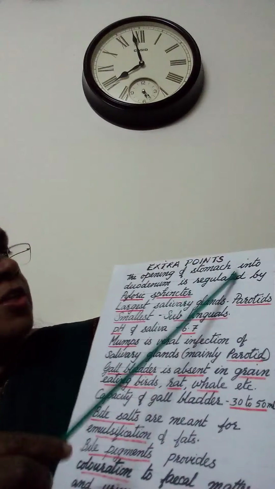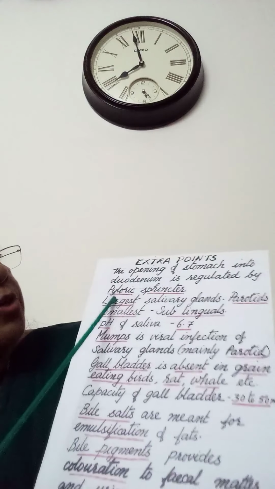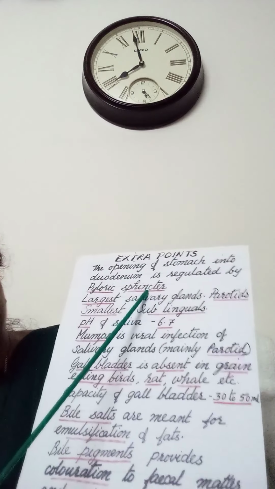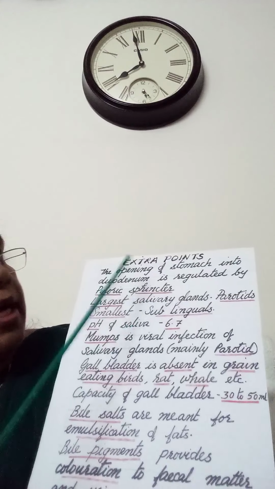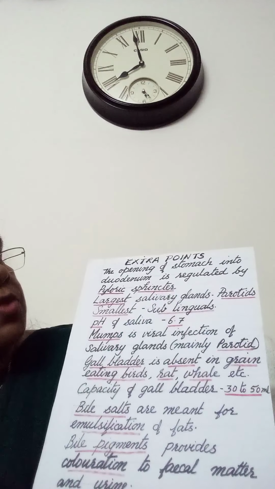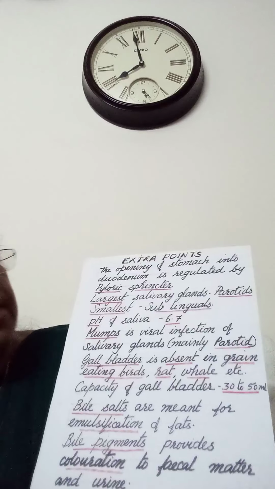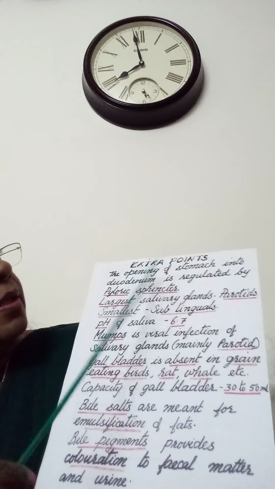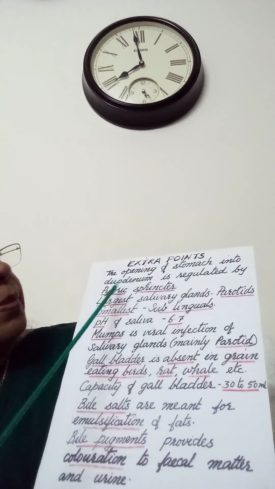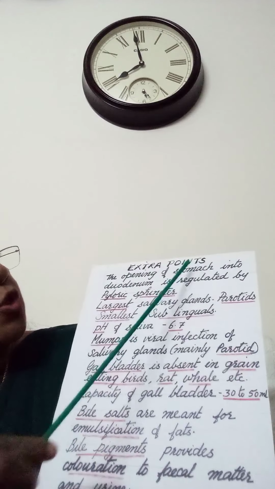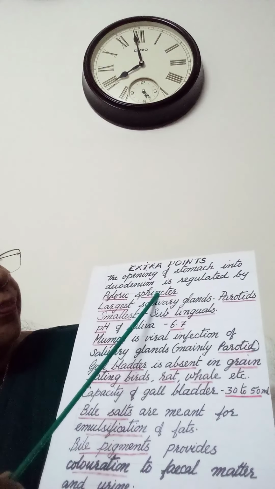Now I will give some extra points. The opening of the stomach into the duodenum is regulated by the pyloric sphincter. The gastroesophageal sphincter, which I have also studied, is present between the esophagus and the stomach. This one, pyloric sphincter, between stomach and duodenum.